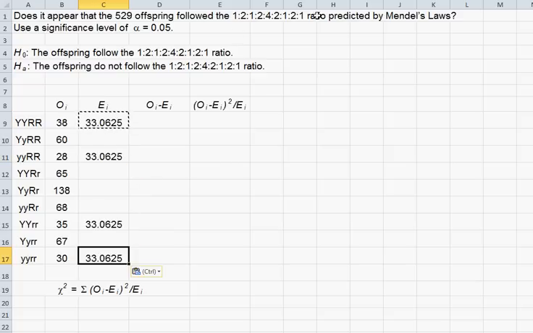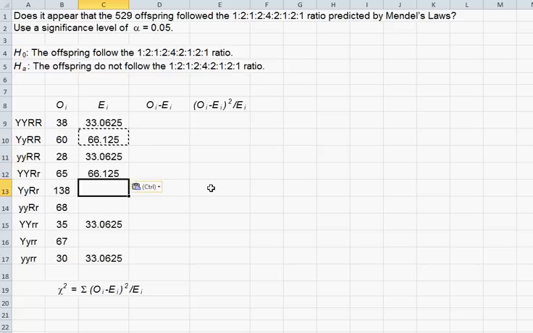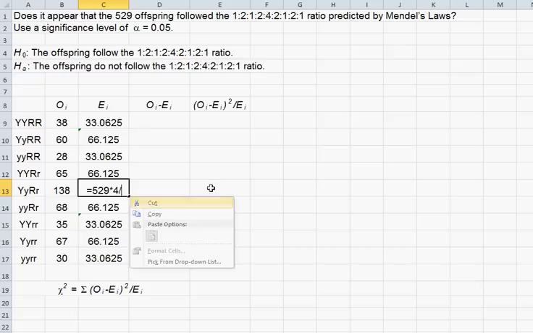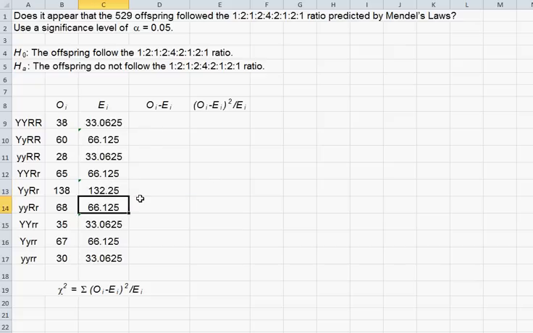All of those are the ones in the proportions. 2/16ths would be predicted here, so 529 times 2/16ths would be the expected number for that class. That same prediction would go here, here, and here. And finally, 529 times 4/16ths would be the prediction for the class in the middle.